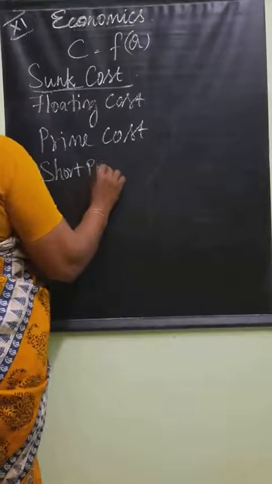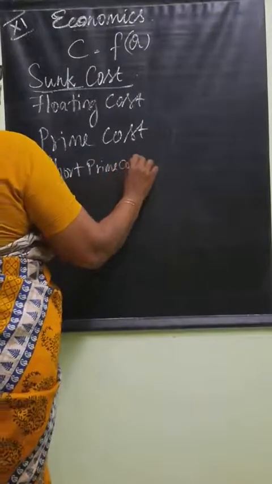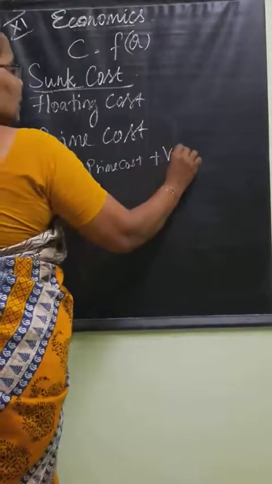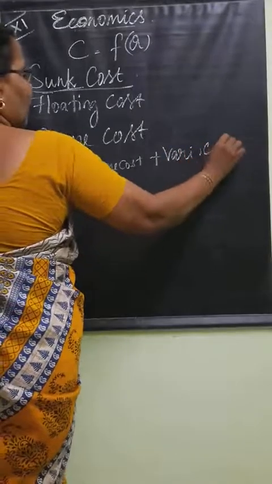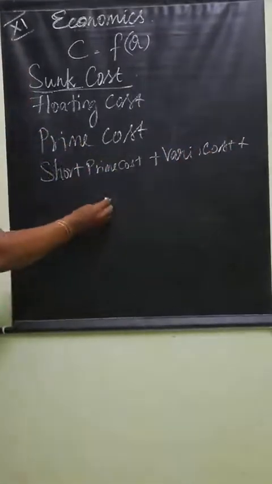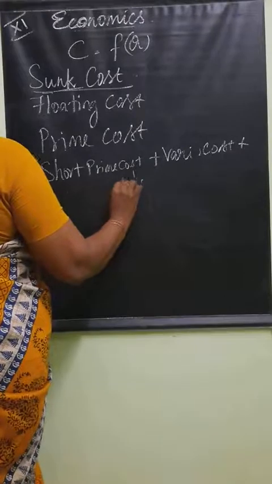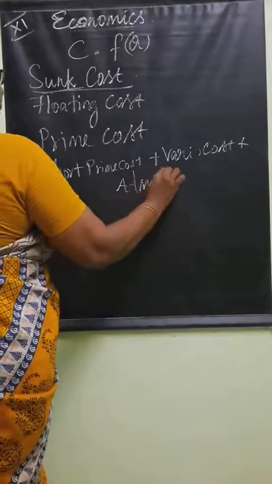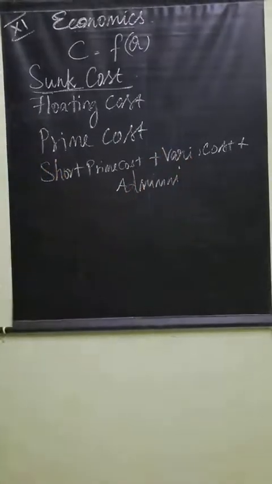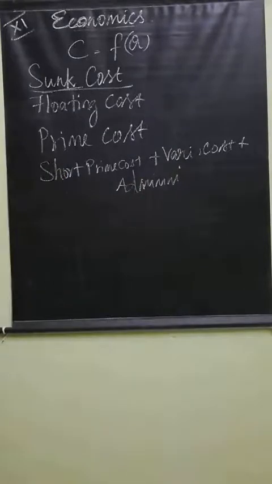Short prime cost plus variable cost, that we will study now, plus administration cost is called prime cost. These are the expenses made for these items.